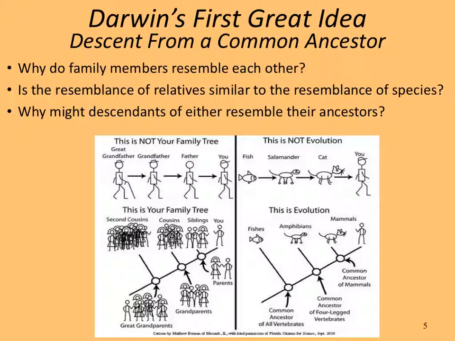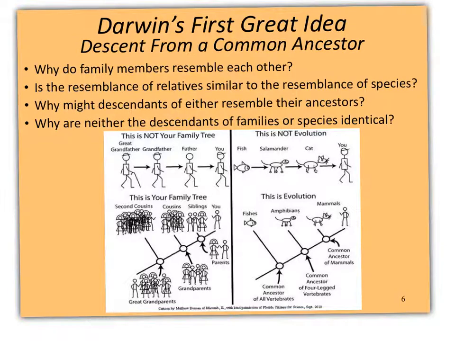So, why might descendants of either resemble their ancestors? Well, they inherit them. Okay, so why are neither descendants, family, or species identical? In terms of us, it's because of sexual reproduction. So, there's gene shuffling.